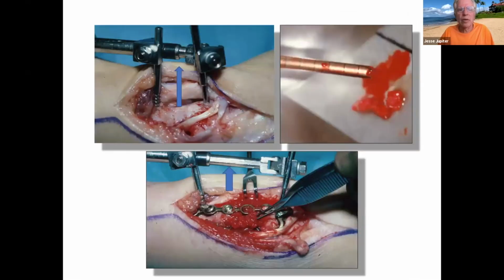I just wanted this, because we had questions about the use of a fixator. If you look at this very small distractor, look at the blue arrow. When it's put on, it's put on somewhat in the angle of deformity, and this is perpendicular to the radius. Now look at the blue arrow here. You can see how much distraction one can get.